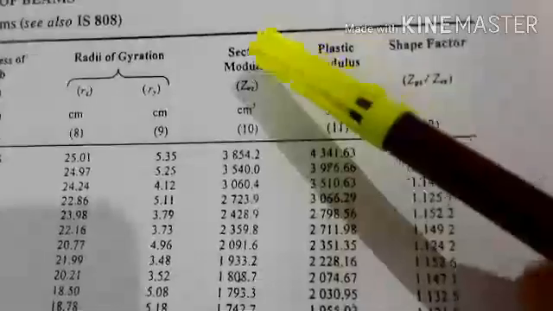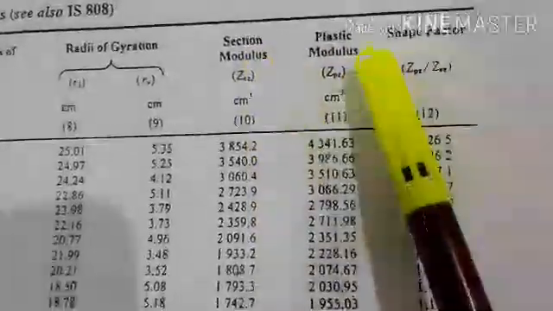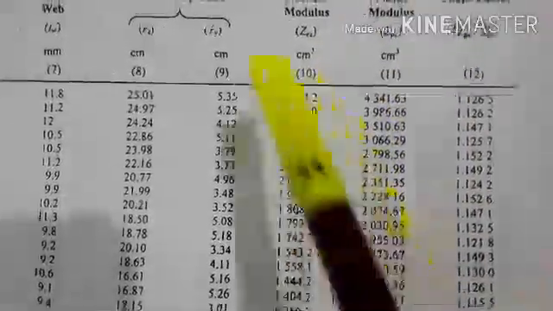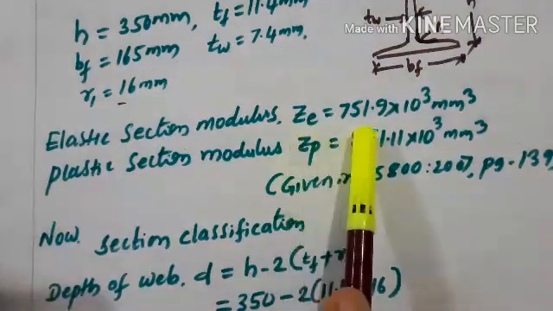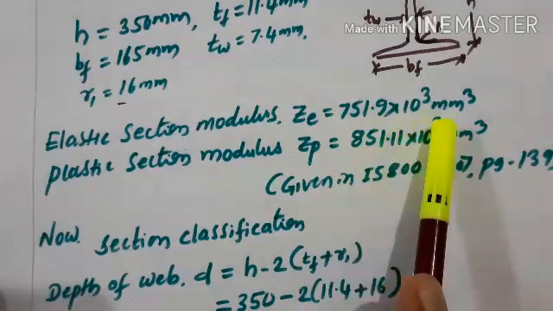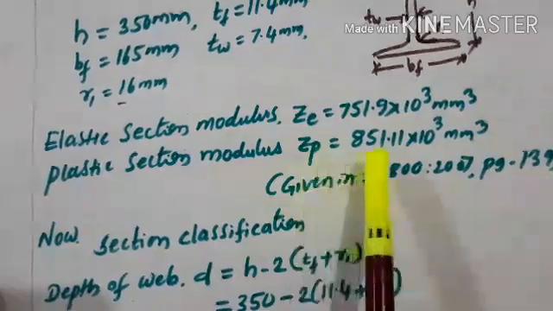So here you will get section modulus, elastic section modulus, as well as plastic section modulus. So you can refer IS 800:2007 page number 139. Where the ZE is given as 751.9 into 10 to the 3 millimeter cube, and the ZP is also given.